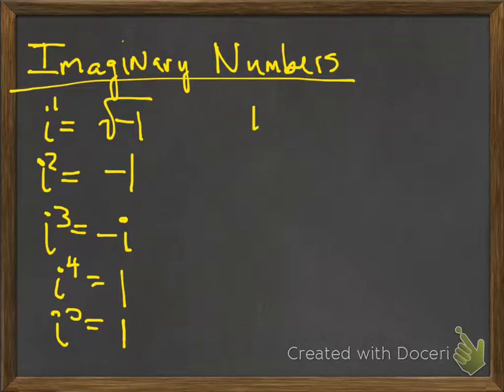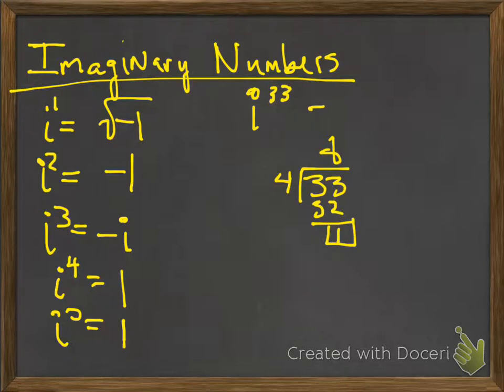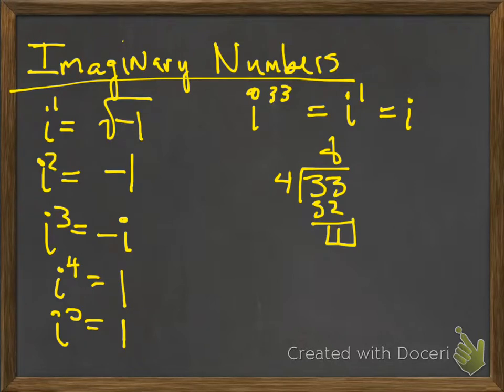If I wanted to know what i to the 33rd power is equivalent to, divide 33 by 4 and look at the remainder. The remainder is 1. So i to the 33rd power is the same as i to the 1st power, which is i, or the square root of negative 1. That's all it is. So keep that in mind.